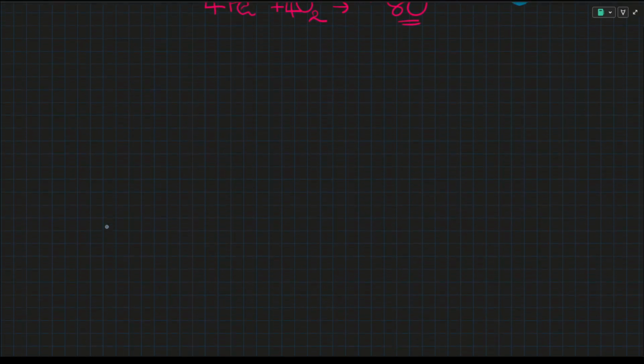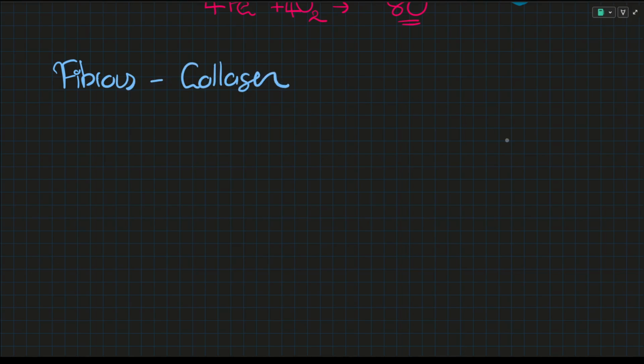Now let's see what's going on with fibrous collagen. Like we discussed, fibrous proteins are insoluble.